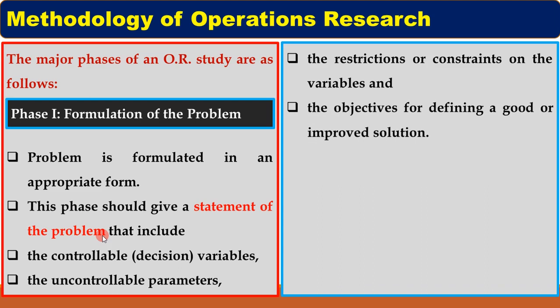So this is the phase 1 of this operational research study. So in this phase we should get the statement of the problem, and that statement of the problem should consist of these 4 terms, that is a decision variable, uncontrollable parameters, constraints, and objectives for defining an improved solution.